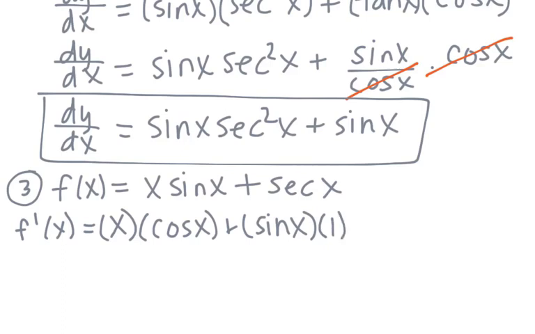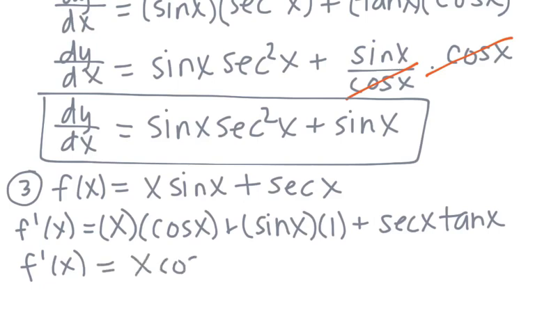Okay, and then we just derive secant on its own out here, and the derivative of secant is secant x tangent x. Okay, and this one does not look like there's a lot to simplify. We're going to get x cosine x, and then that'll just be sine x plus secant tangent.